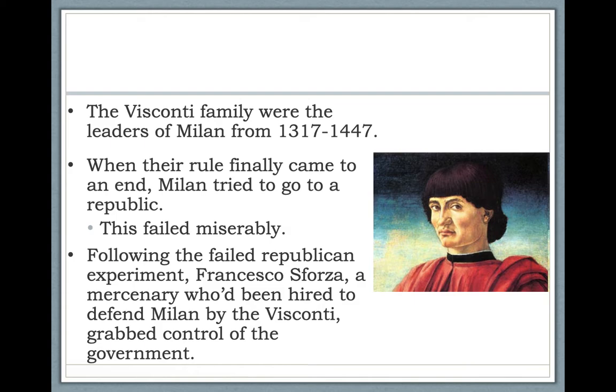However, even though he has been hired to bring about order to Milan and then basically return control back to them, like we've talked about so many times, the main things that mercenaries are loyal to are money and their own power growing. And so Sforza is going to now not only take the money from the Visconti family, but then you're going to see him taking over control of the city state of Milan.